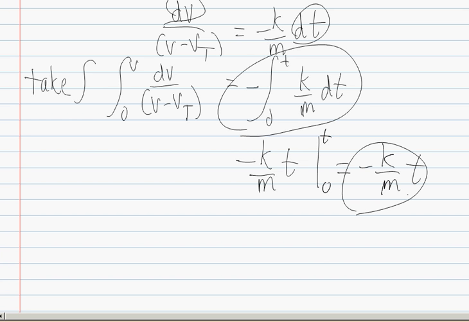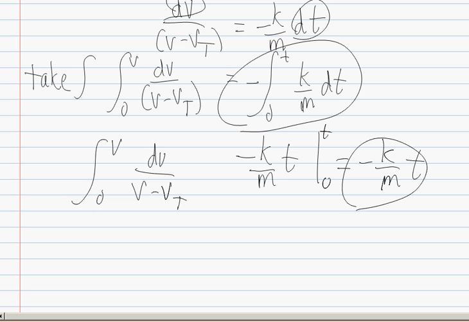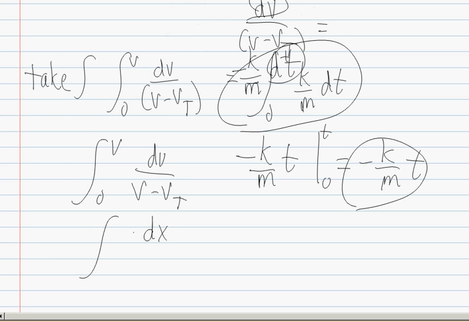Now the left side is kind of a mess, because we've got the integral from 0 to v of dv over v minus vt. Well, for those of you who have not suffered this much in calculus, the integral of 1 over x dx actually has a name. It is the definition of the natural log of x.